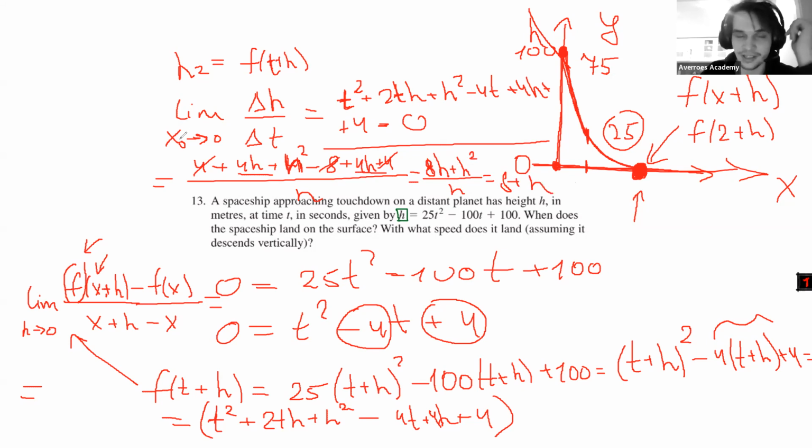And remember, it's a limit function, so h travels to 0. So we can see that the instantaneous speed is not actually 0 at this point.